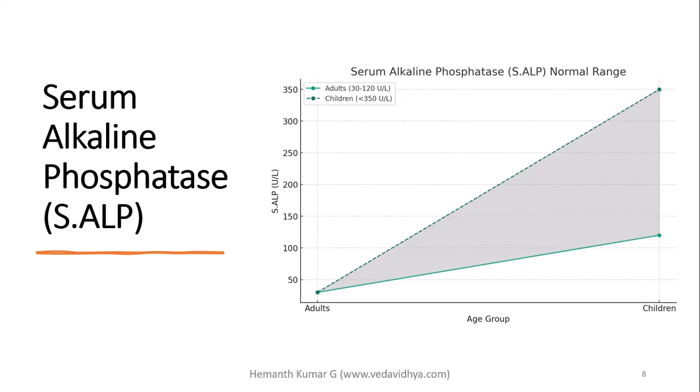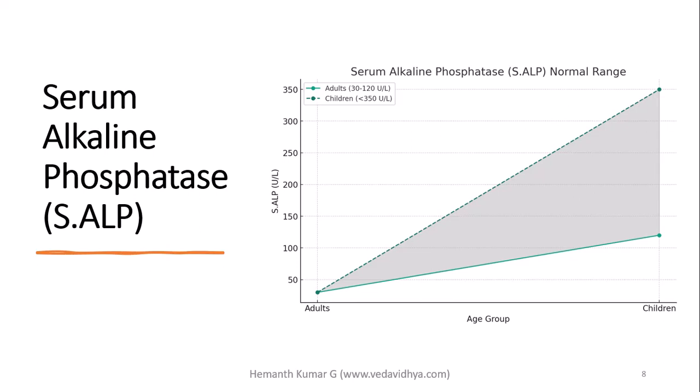When assessing liver health, elevated levels of SALP in adults can indicate a variety of liver conditions such as bile duct obstruction, cirrhosis, or hepatitis. It's particularly sensitive in detecting diseases related to bile ducts, as SALP levels can rise significantly when these ducts are blocked or damaged.